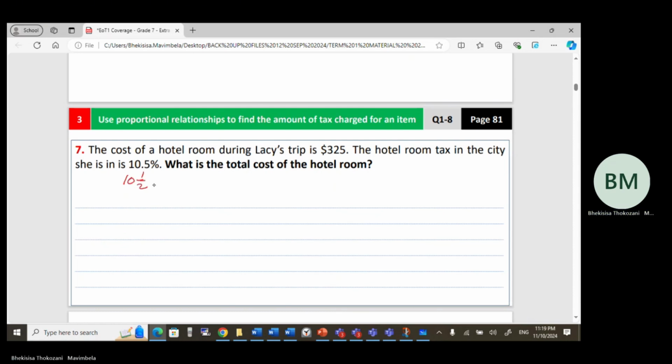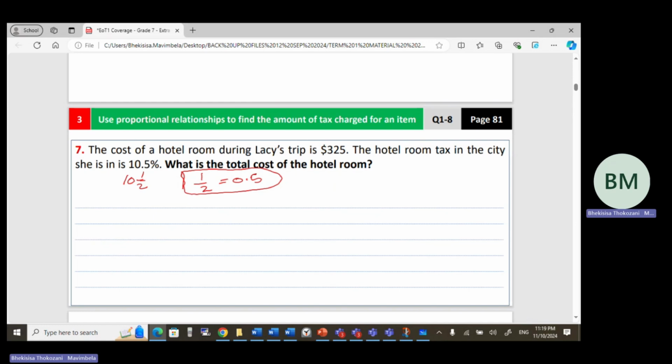Because we know that 1 over 2 is the same as 0.5, right? So I need you to remember this. Whenever you see 0.5, think of it as 1 over 2, okay?